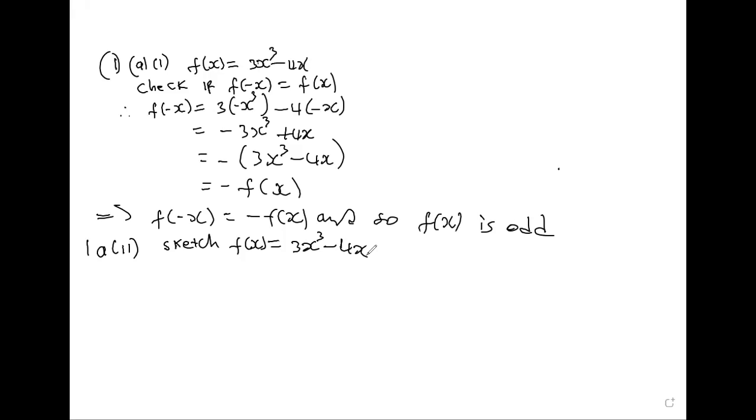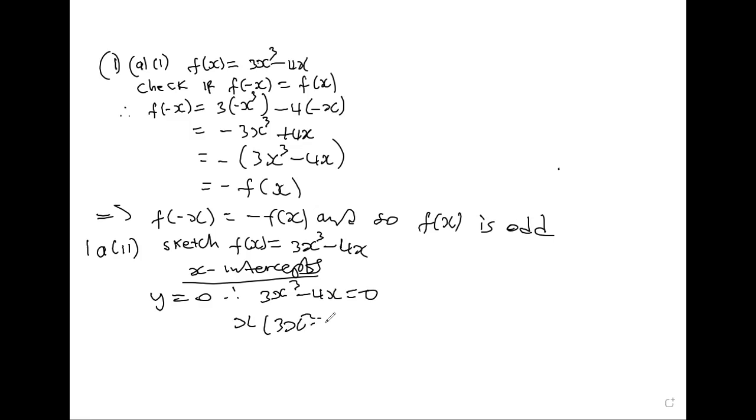So for the x-intercepts, we have y equals 0. And so we have 3x to the power 3 minus 4x equals 0. We can factor out x here, since x is common to both terms, so we have x times 3x squared minus 4 equals 0.